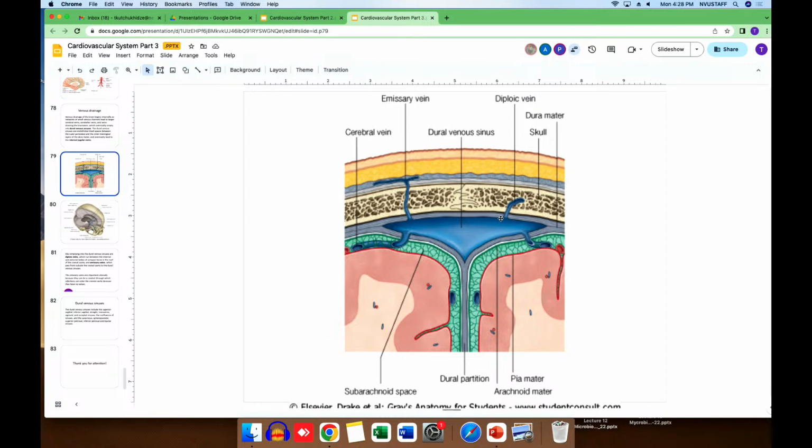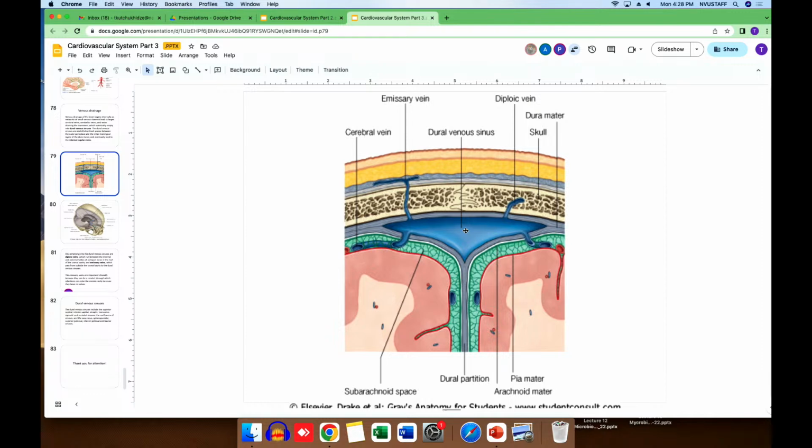The diploic veins open straight into the diploe of the compact bone of the roof of the cranial cavity, and they drain the bone itself. Emissary veins are the ones just outside the dural venous sinus, draining even above the bone. So the final point where they drain, they all gather in the dural venous sinus.